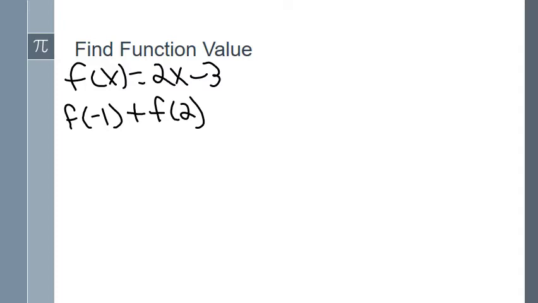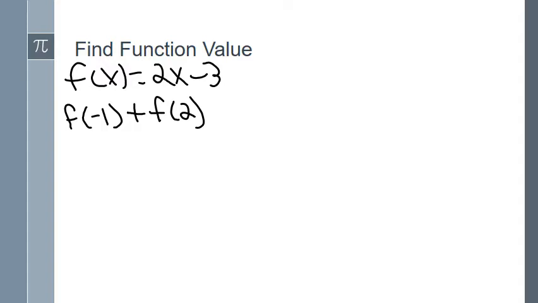Now, all we're going to do is plug in minus 1 in this 2x minus 3, and then add that to f of 2, substituting in 2 for the x.